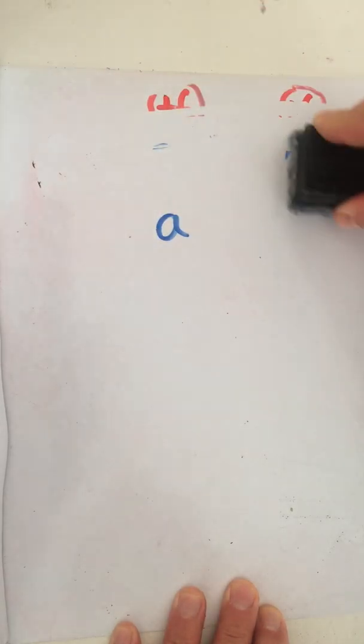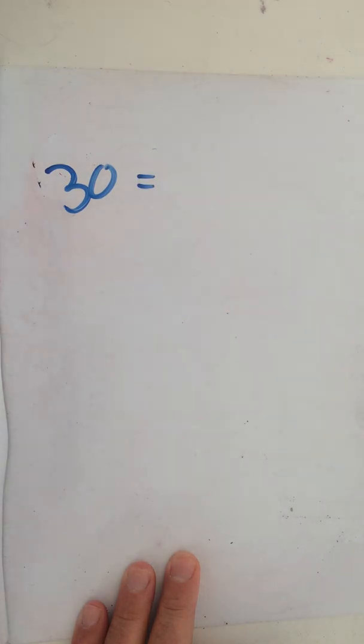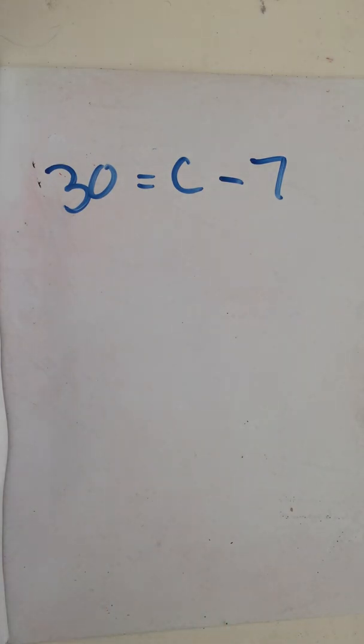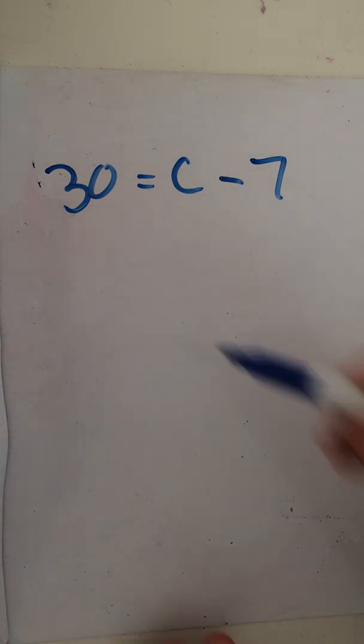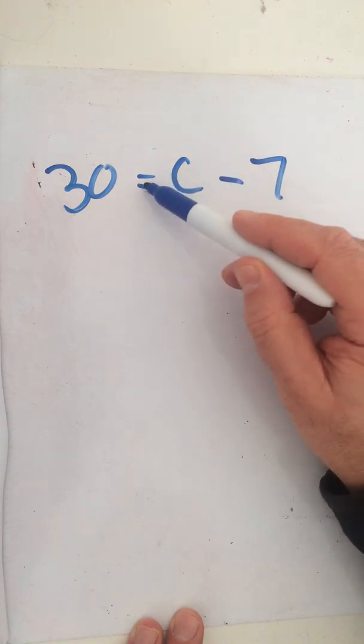Right, let's have a look at this question. 30 is equal to C take away 7. Now you can see here on this one, the letter is on the other side of the equation.